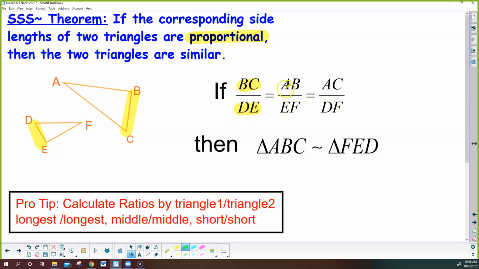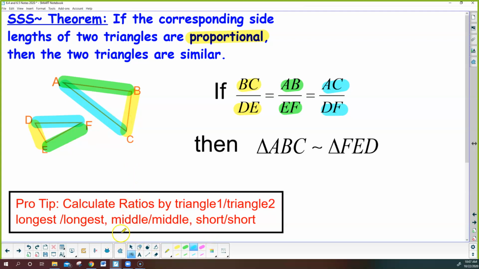All right, and then what if I compare the middle side? So the middle side length is AB, and that has to be compared to the middle side length of the other triangle, which is EF. And that leaves the long side AC to match with the long side of DF.